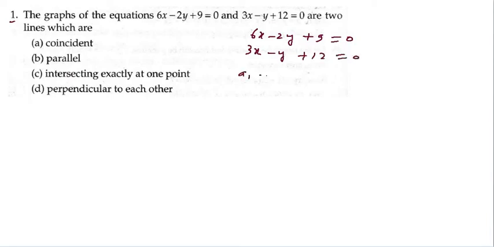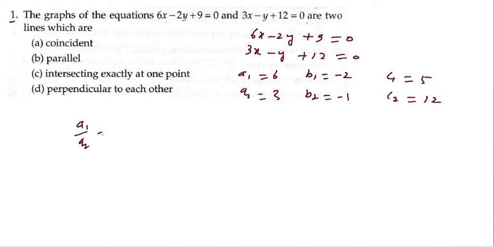So a1 is equal to 6 and a2 is equal to 3, b1 is equal to minus 2 and b2 is equal to minus 1, c1 is equal to 9 and c2 is equal to 12. First of all we find a1 upon a2, that means 6 upon 3, so a1 upon a2 is equal to 2.